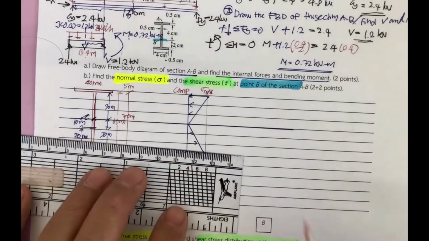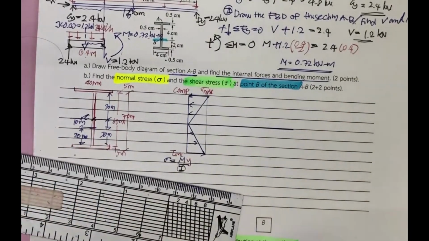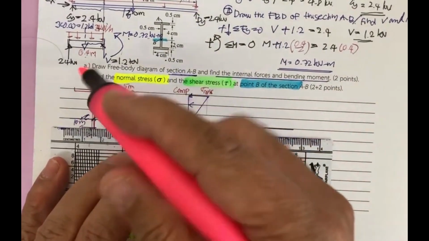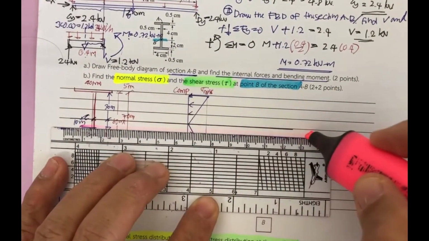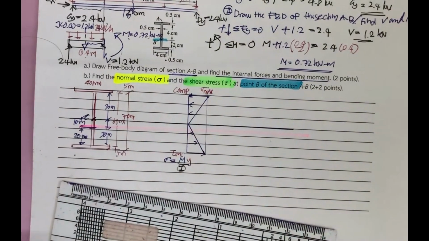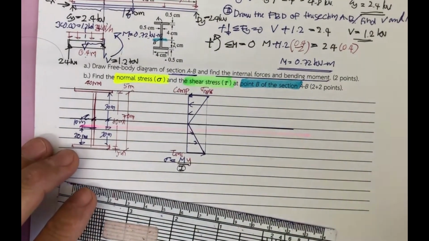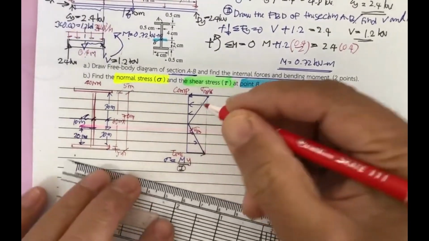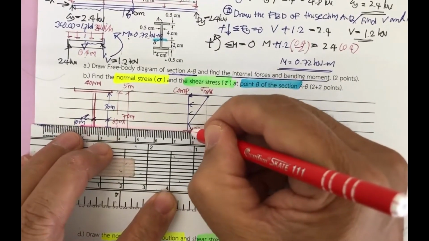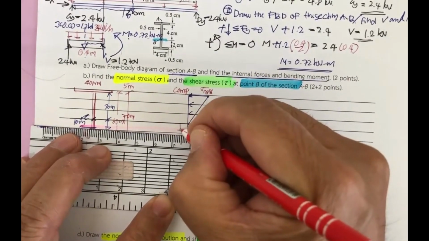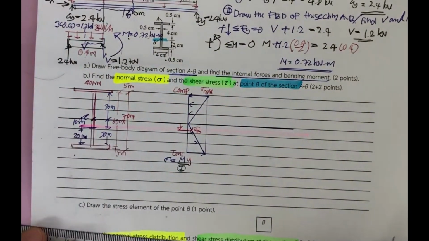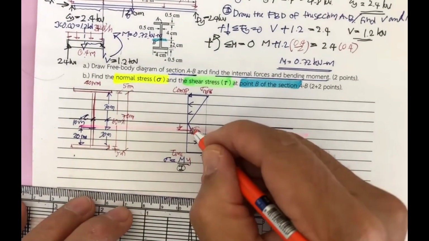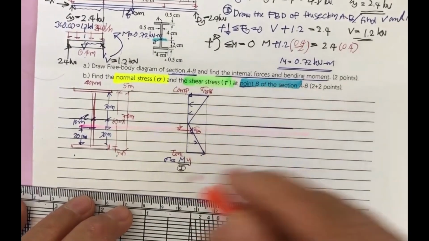The B can be somewhere in this portion, and the stress that occurs at this point is going to be sigma sub B, measured only 10 millimeter from here. If we understand this, we can determine the stress at point B.